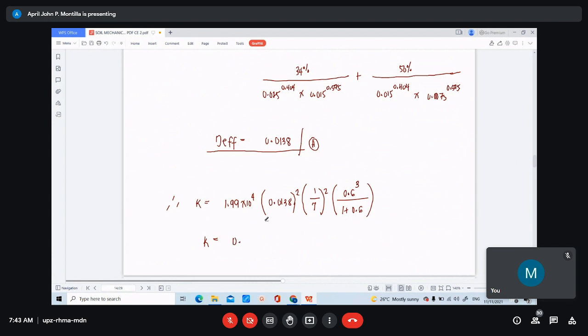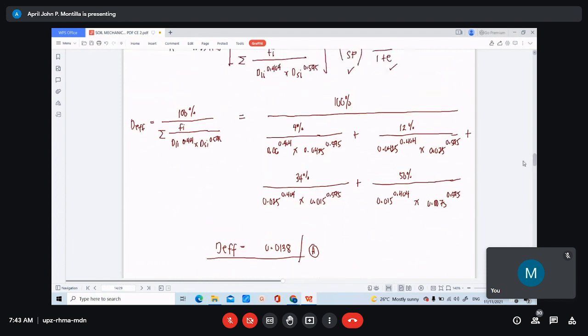0.0104? It seems there is a discrepancy in the computed answer. I think it should be 0.0137 here, 0.0136655 if I'm not mistaken. 0.0137, right? Yes.